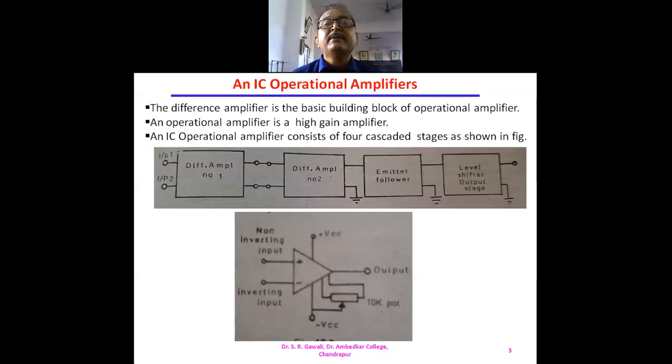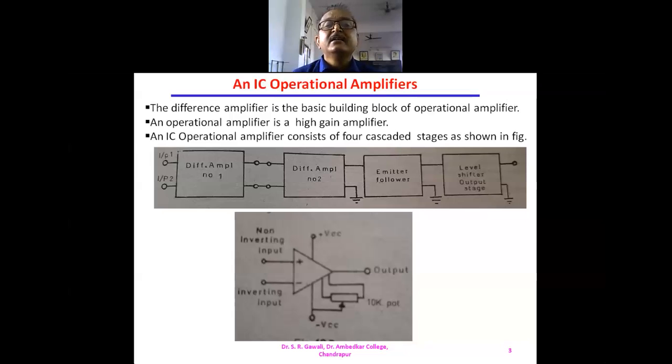The gain of this amplifier is very high, and the IC operational amplifier consists of 4 cascaded stages. The first stage is difference amplifier number 1, the second stage is difference amplifier number 2, the third stage is the emitter follower, and the fourth stage is the level shifter output stage. These 4 stages are cascaded together to form the block diagram of the operational amplifier.